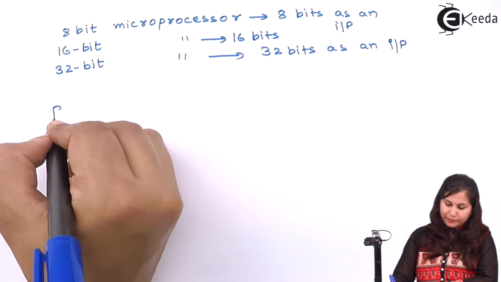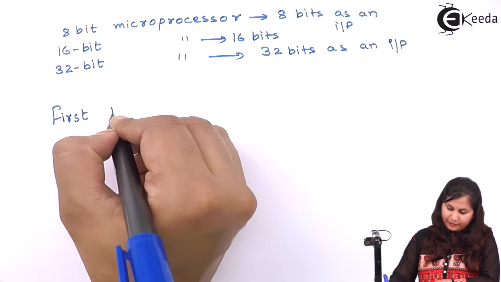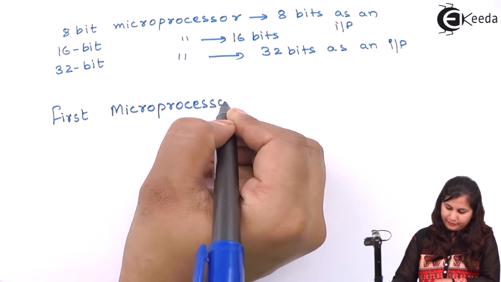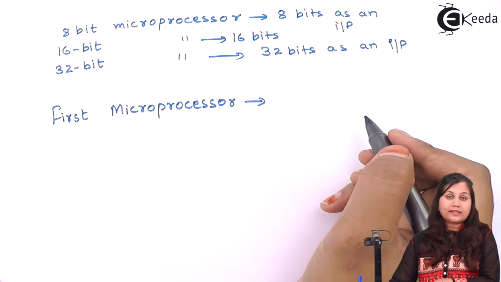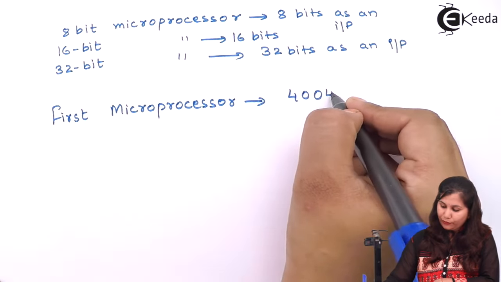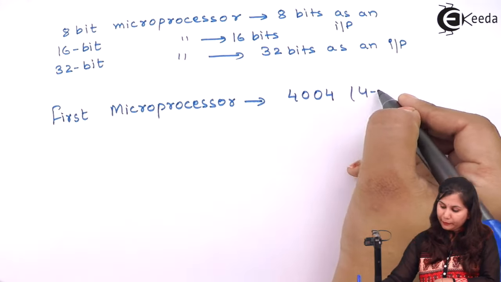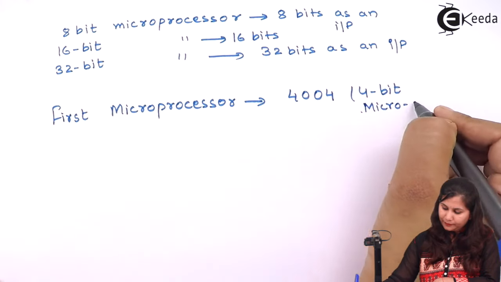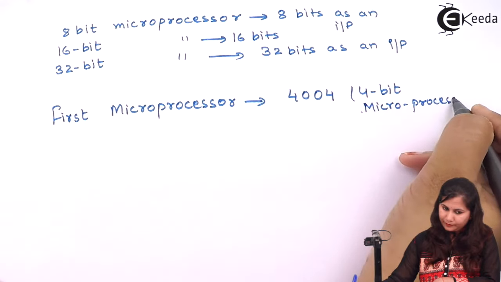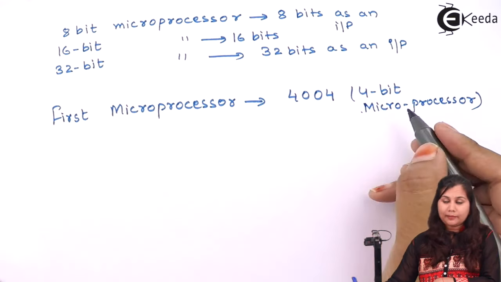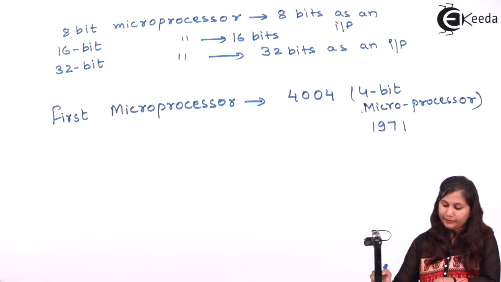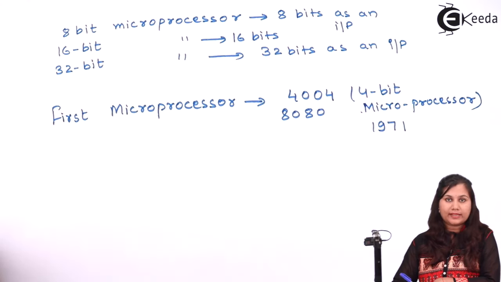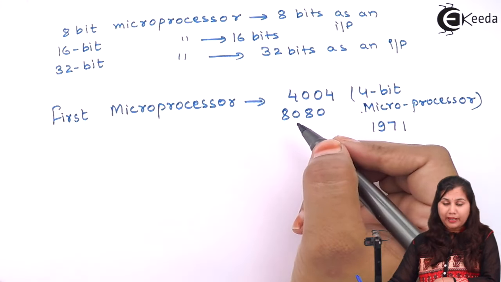Now the first microprocessor was 4004. It was a 4-bit microprocessor, developed in 1971. After that, the 8080 microprocessor was developed. It was an 8-bit microprocessor.